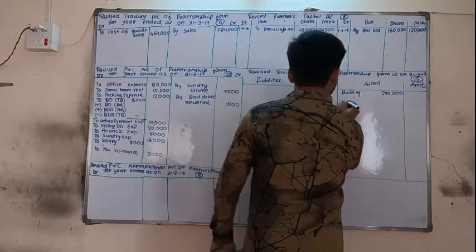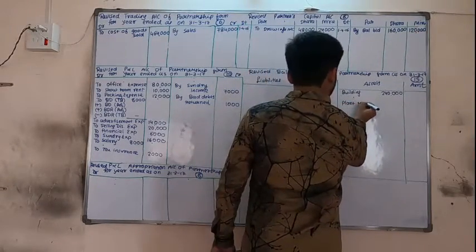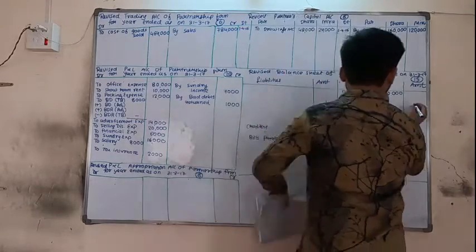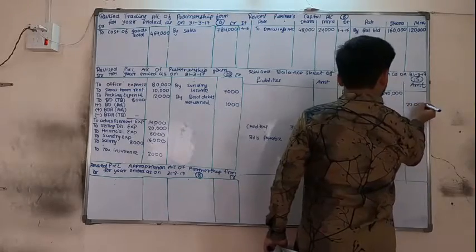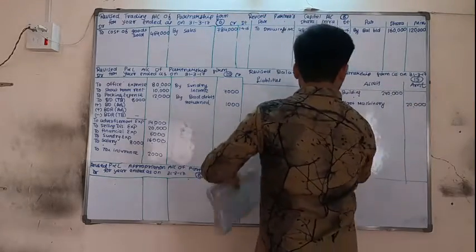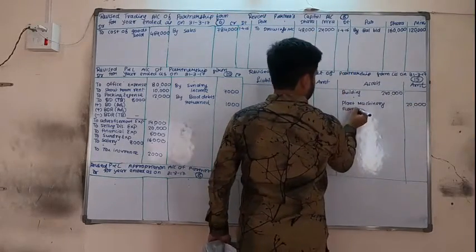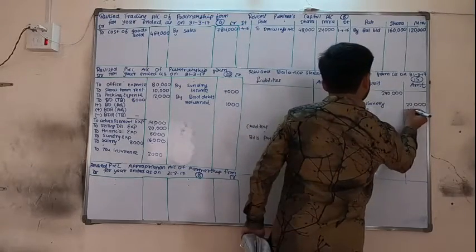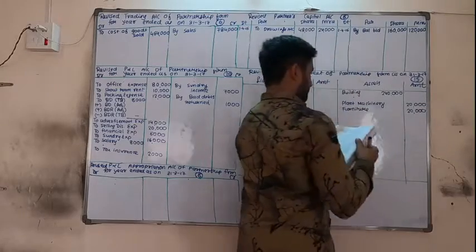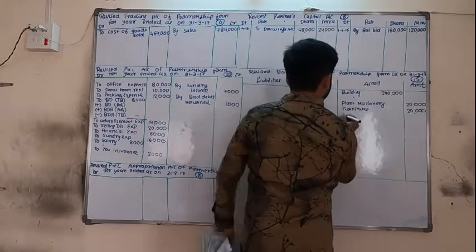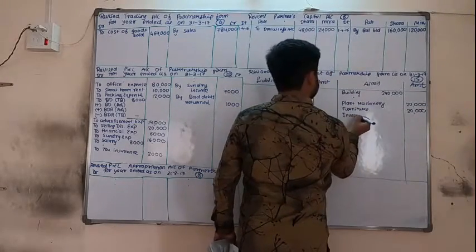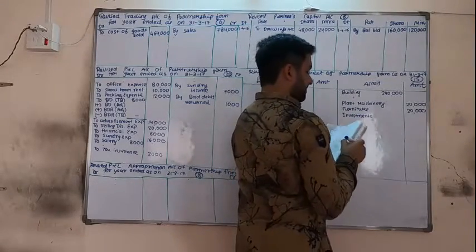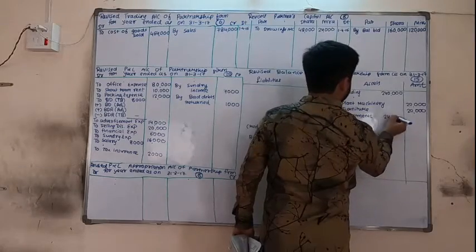Then plant and machinery, directly in the outer column 20,000. Then furniture, in the outer column 20,000. Then investments in the inner column, it has an adjustment, 24,000.